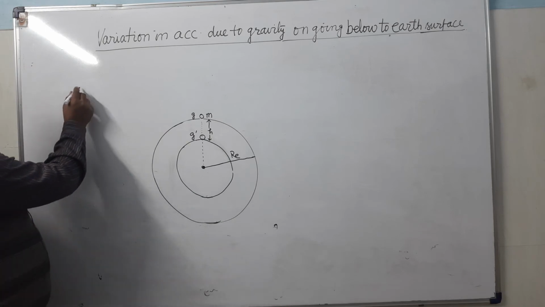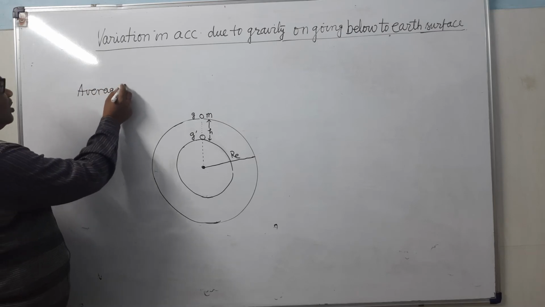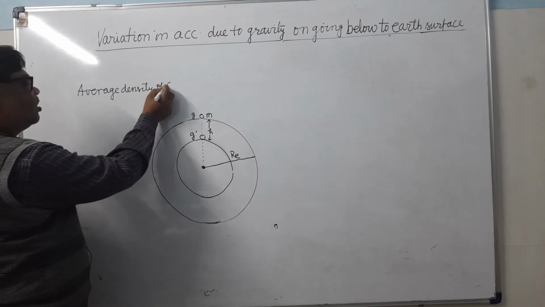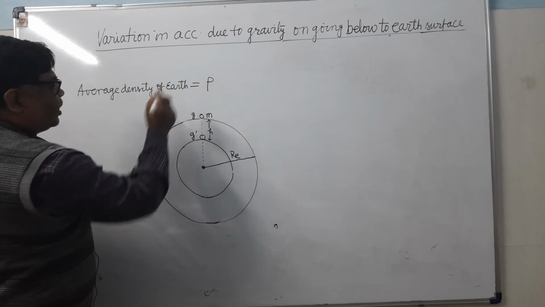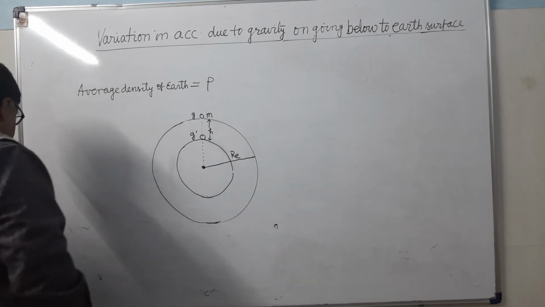Here we have assumed the average density of the earth as rho. Rho is a Greek letter by which we will represent the average density of the earth.